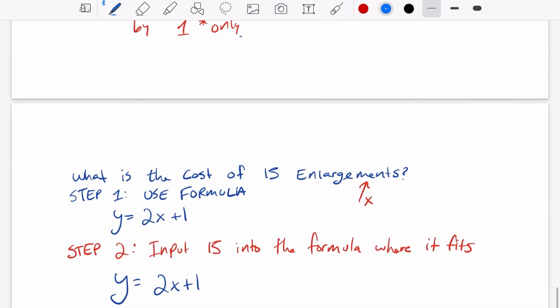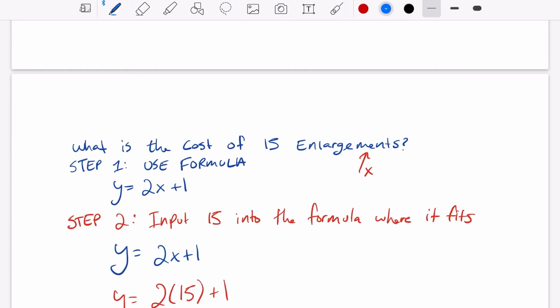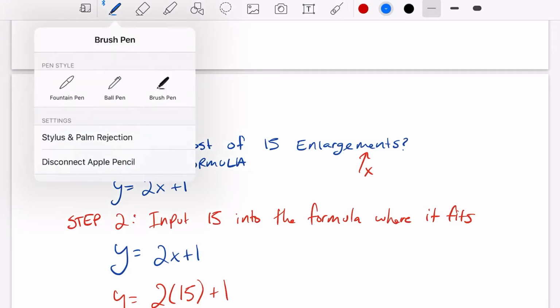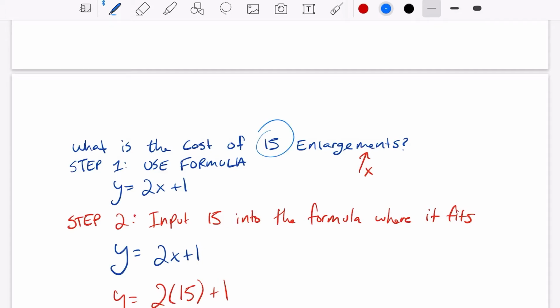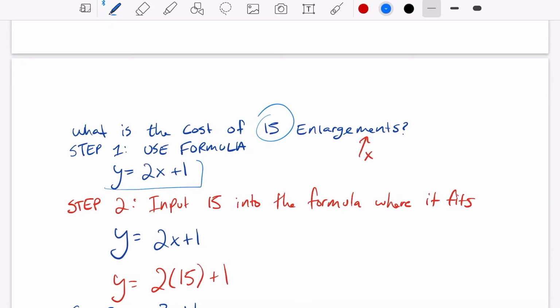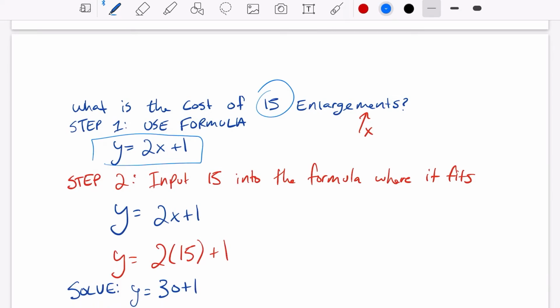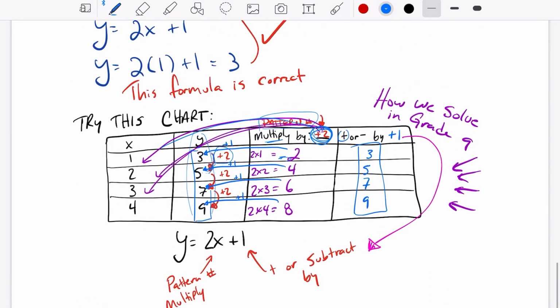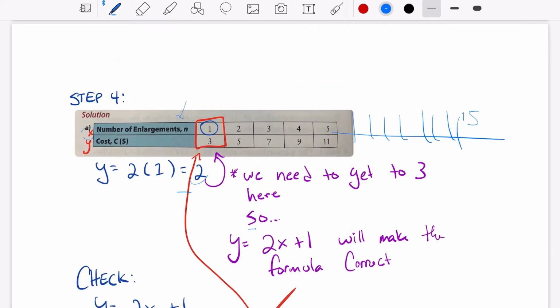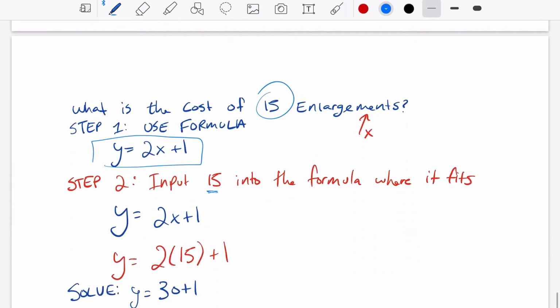So really, we don't need to write the graph and the table 600 more times. All we need to do is plug in this number 15 into our beautiful new formula, y equals 2x plus 1. So 15 enlargements, we go back here and we notice it's part of the x column, so that's where we put our 15.